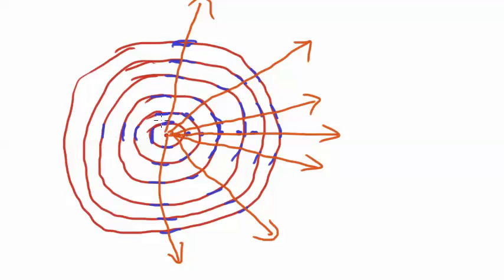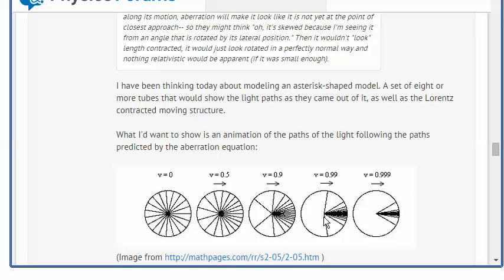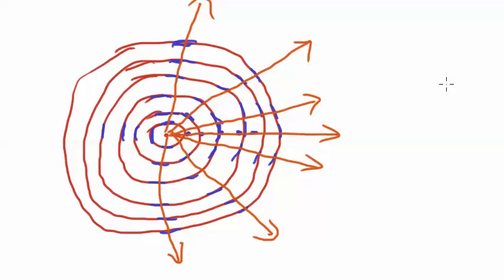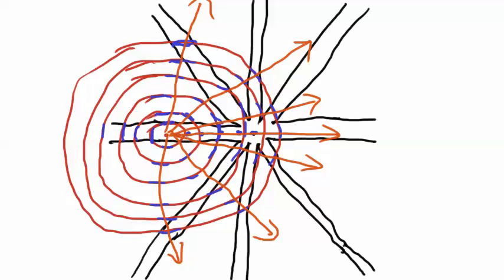But you can kind of see why the photons move along these lines here, but this doesn't necessarily match the shape of the structure, because the structure was basically a Lorentz contracted shape that created those different lines.